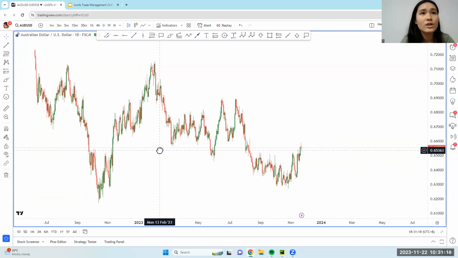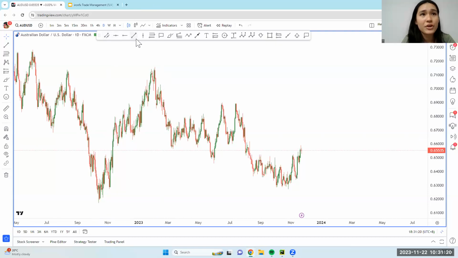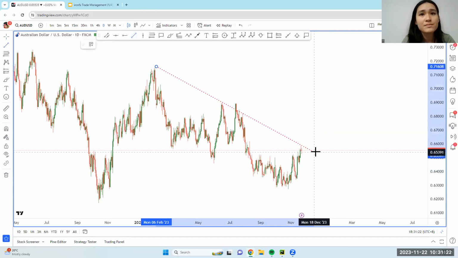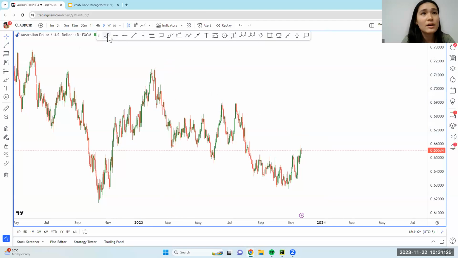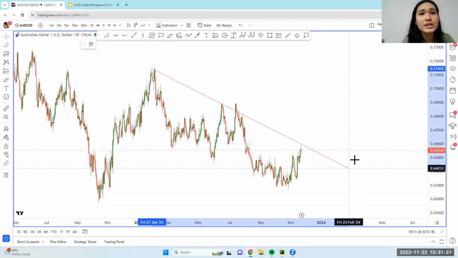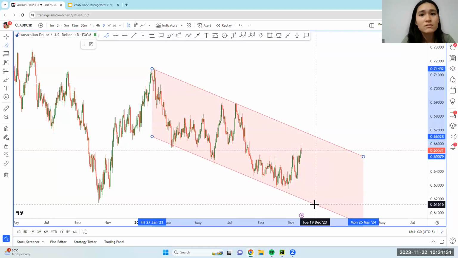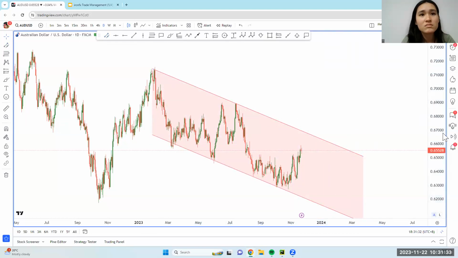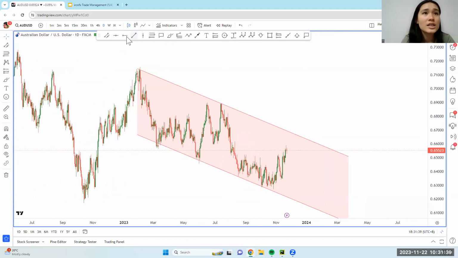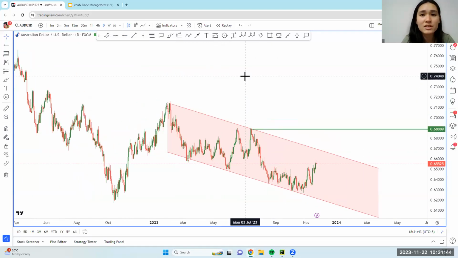Let's take a look at our daily time frame. Okay, daily time frame is also pretty. Yeah, price is moving in this descending trend channel as well. Let's just go in really quickly with some support and resistance levels.